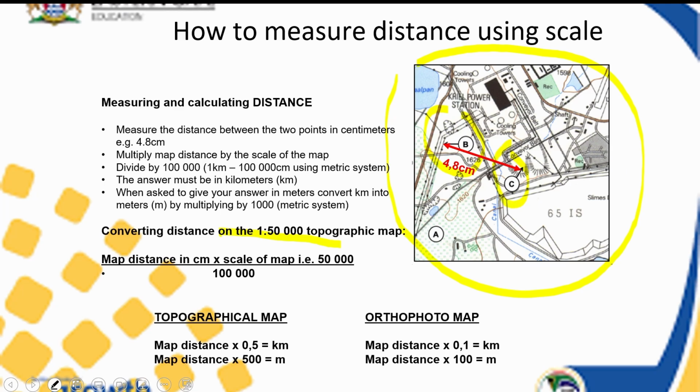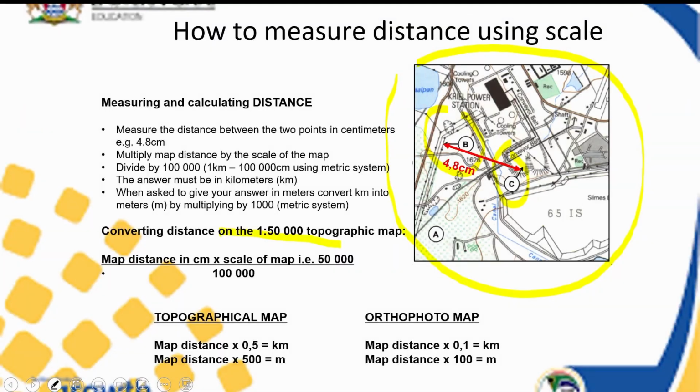Now, what is happening is that you need to measure between those points from B and also from C. Now, when you are calculating, because this is a topographical map, you have to multiply by 15,000, which is the scale of all maps in South Africa.